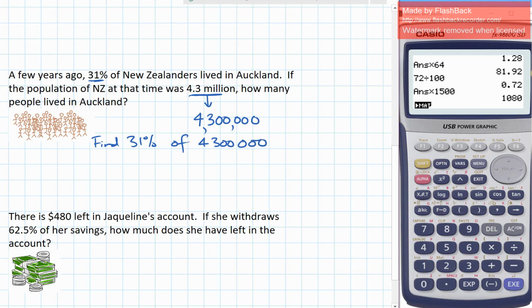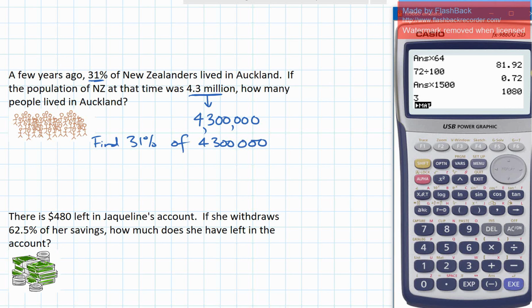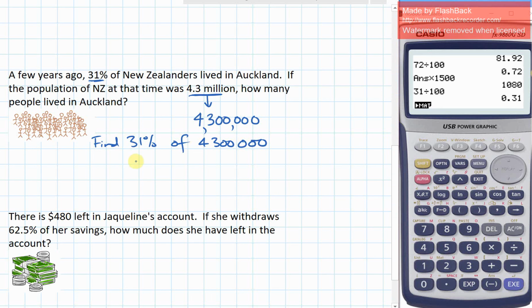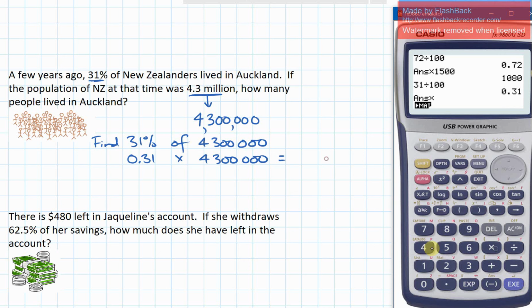Okay, so 31%, divide that by 100, get 0.31 times 4.3 million, and that is equal to, just take care of the number of zeros you're adding on there.